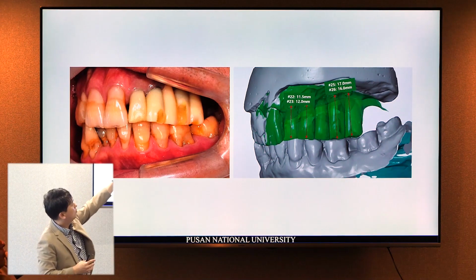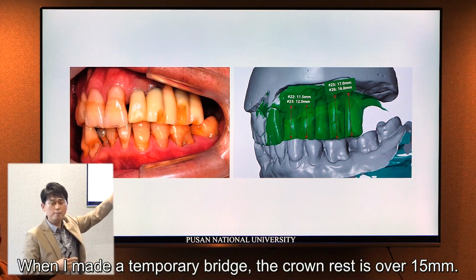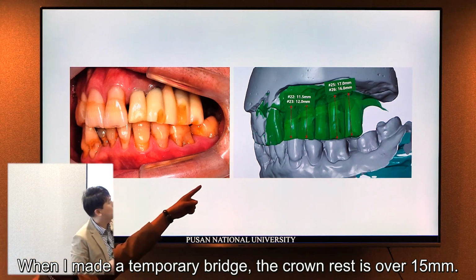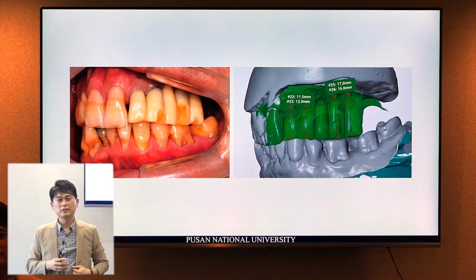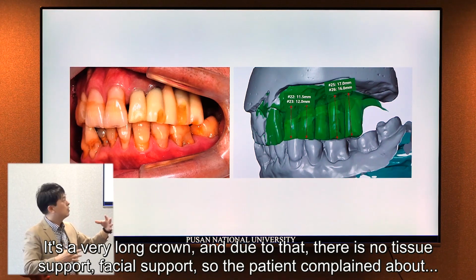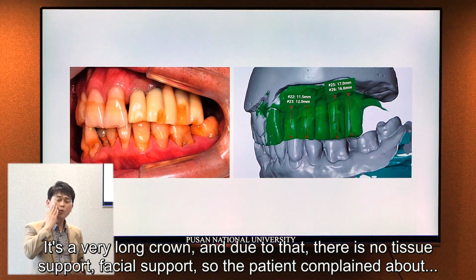When I made the temporary bridge, the crown length was over 15 millimeters. So that is a very long crown. Because of that, there is no tissue support, no facial support.